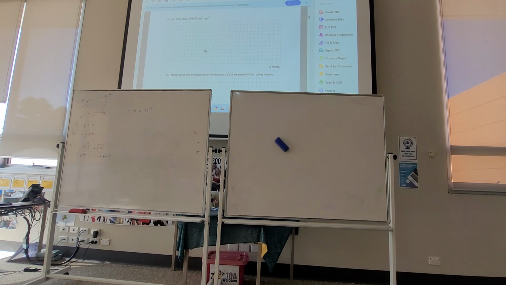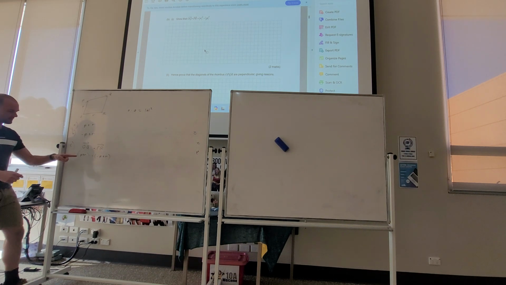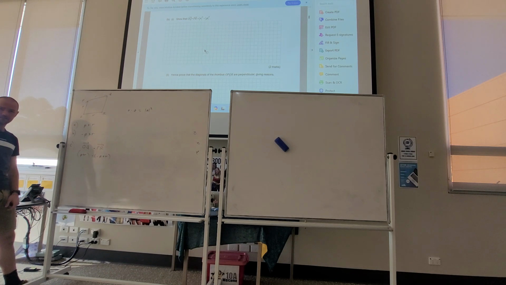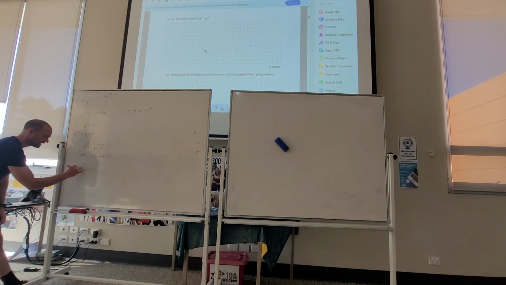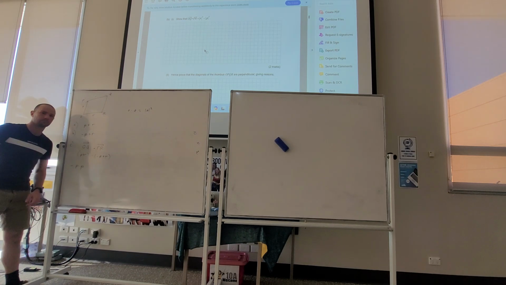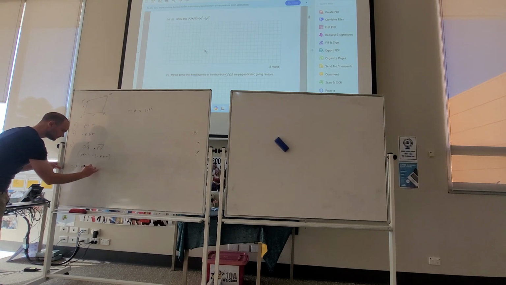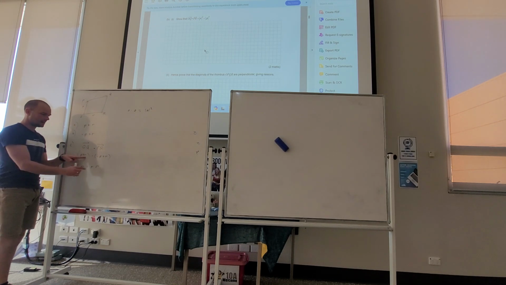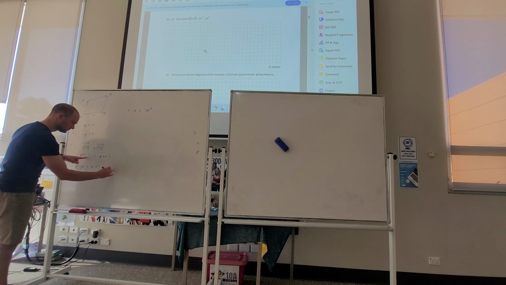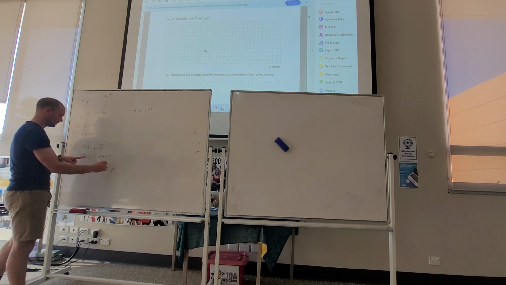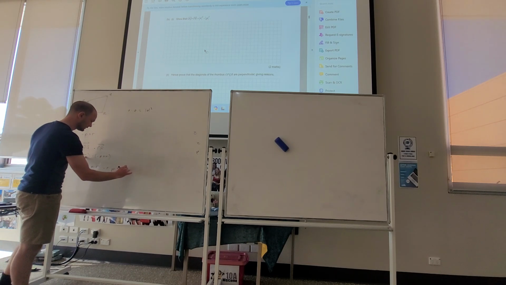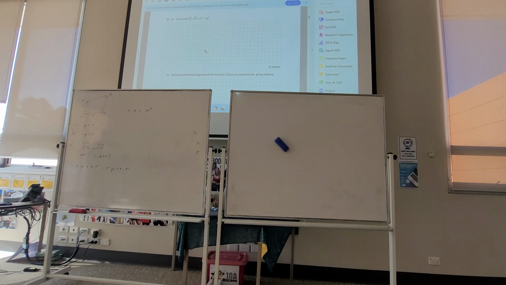We're just performing the dot product of these. Now the dot product is almost the exact same as the FOIL method here. We're going to have P dot negative P, so we put that as negative P dot P. Then we have P dot R. Then we have R dot negative P. And then we have R dot R. So we're just performing the FOIL there.